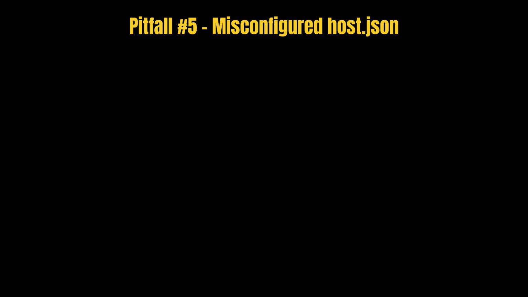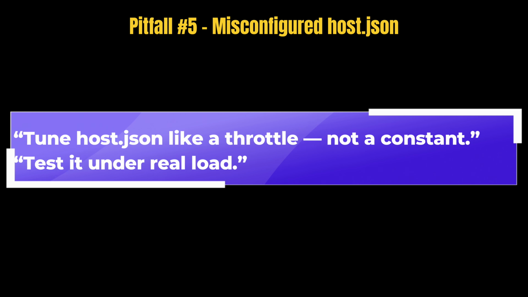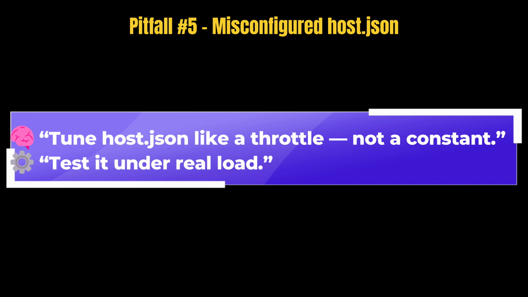Performance isn't code, it's configuration. Here's the truth: performance isn't just a code problem, it's configuration. The best developers and architects write functions that scale predictably, not just run successfully. Tune host.json like a throttle, not a constant.